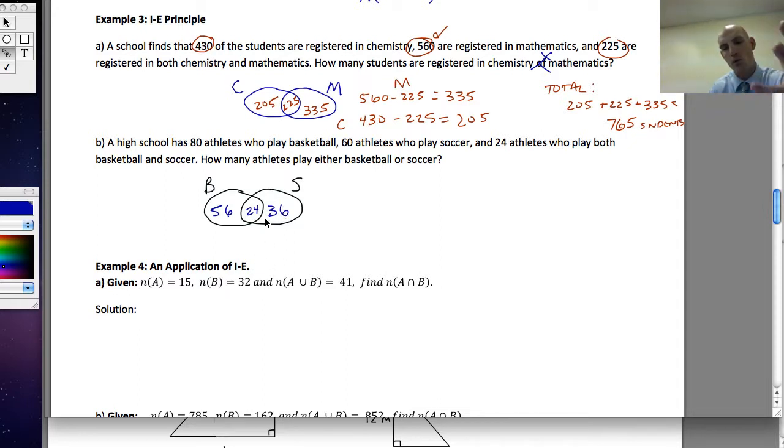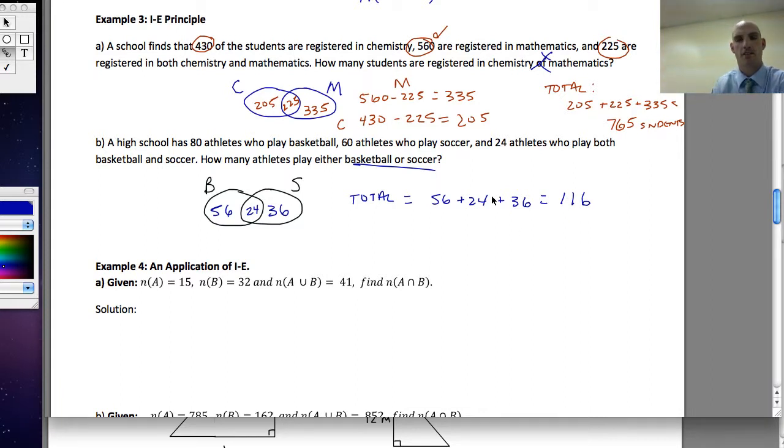We can figure out how many total there are because what's represented here is just those who play basketball, those who play both, and those who play just soccer. So total athletes, how many play basketball or soccer, is all of them. So we have total 56 plus 24 plus 36. 60 plus 56 is going to be 116.